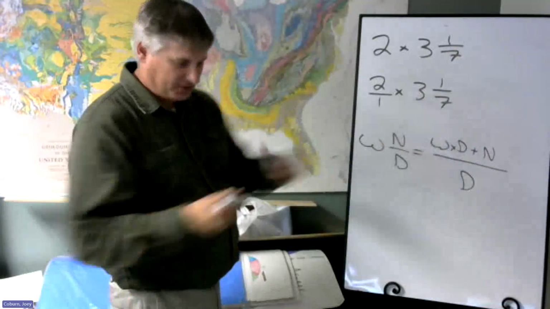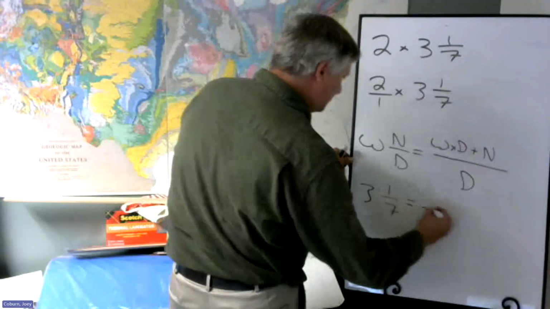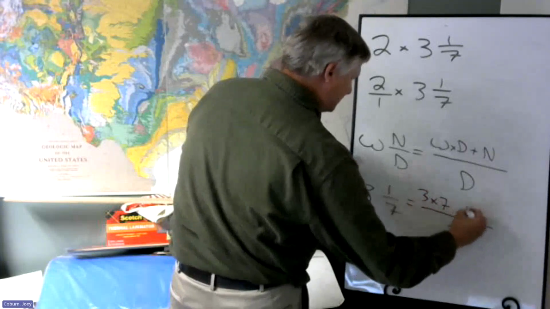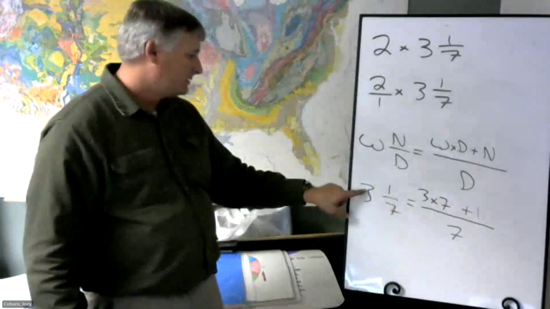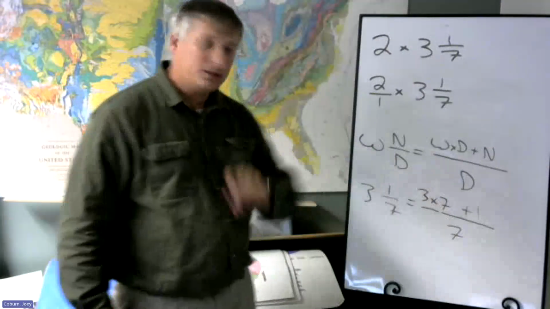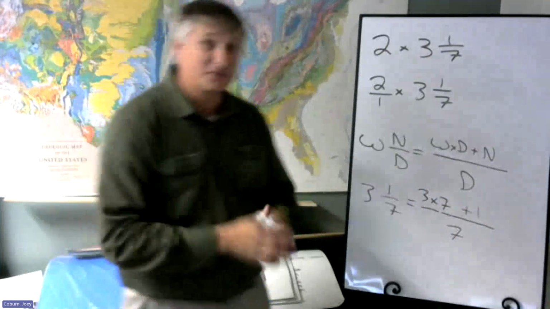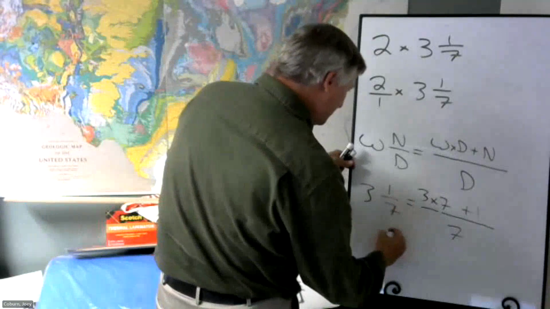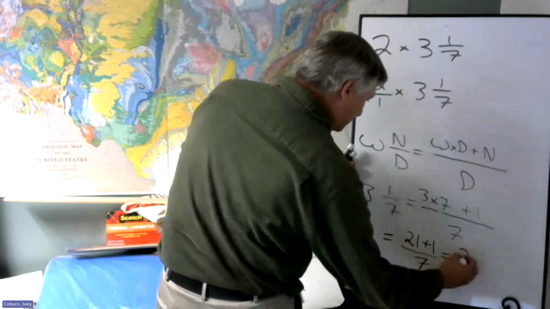So we're going to convert this. So that means 3 and 1/7 is 3 times 7 plus 1 over 7. Denominator stays, W and D, W times D, and then plus n, which is 1 in this case. So you get 21 plus 1 over 7, or 22 over 7.